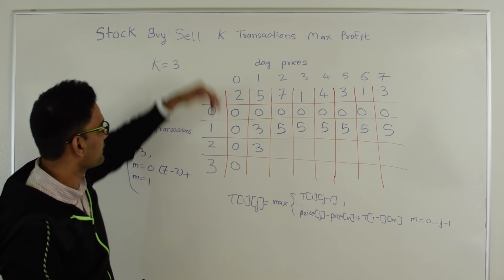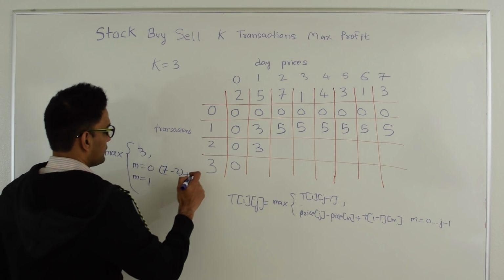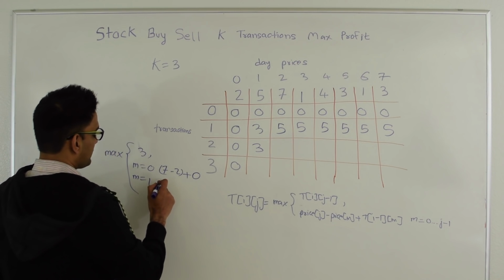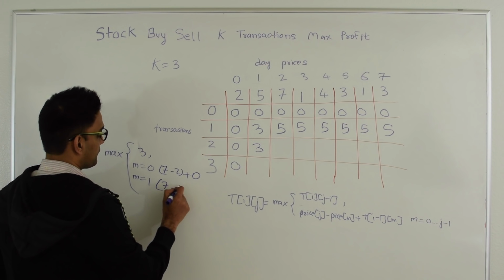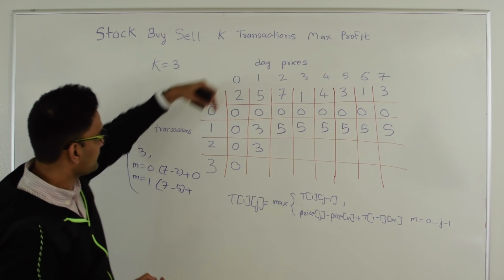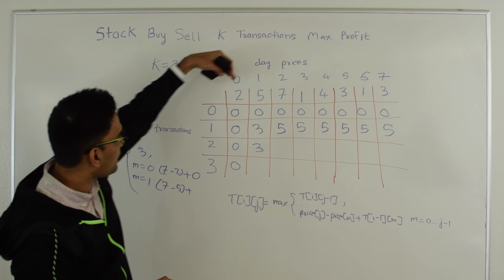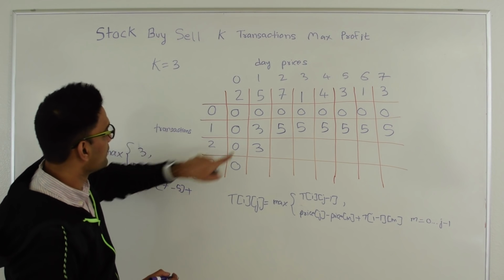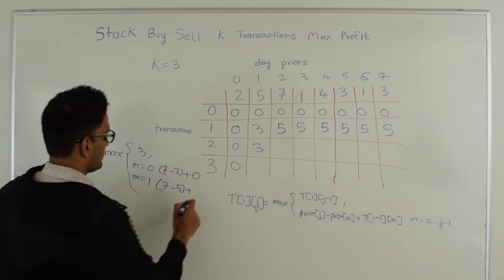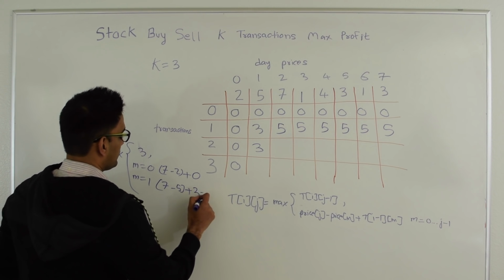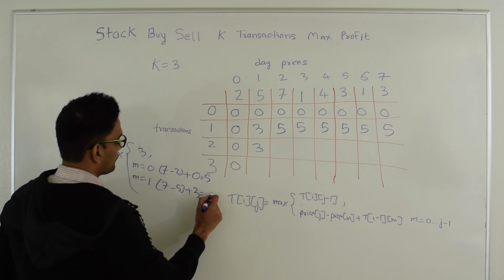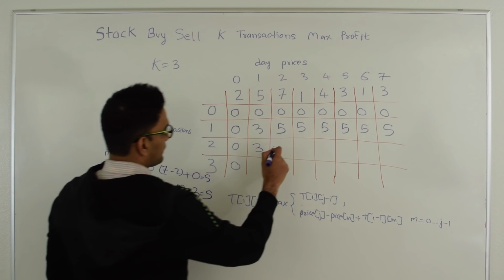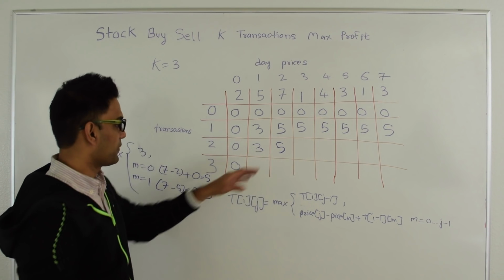That value at the 0th day is 0. And with M1, it will be 7 minus 5 plus ending that transaction on day 1, so that value here is 3. So this value here is 5 and this value also is 5. So you can make a total profit of 5.